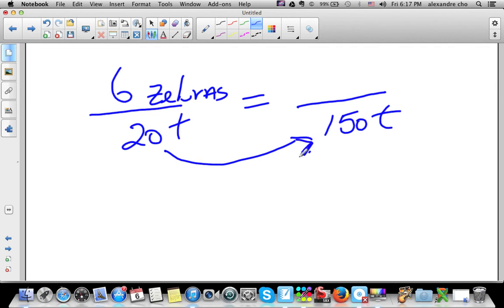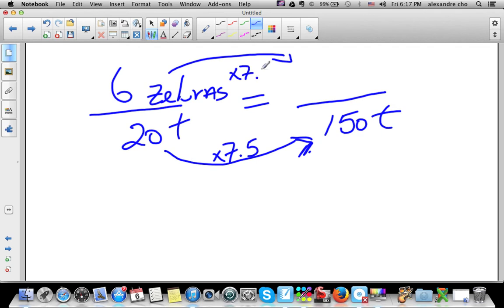So that growth has to be represented by a number here. So 20 times a particular number is 150, and in this case it's 7.5. Okay, there's our factor. So 20 times 7.5 is 150, and the same thing has to happen on top.